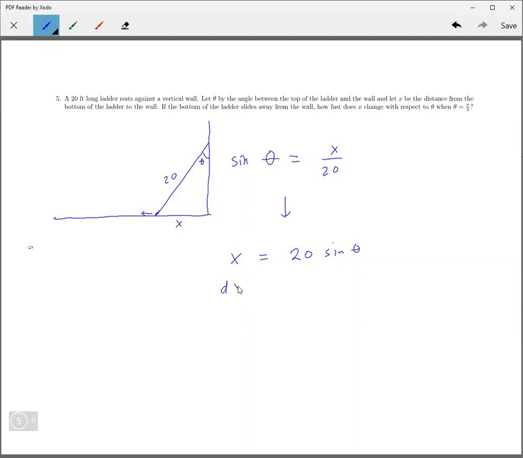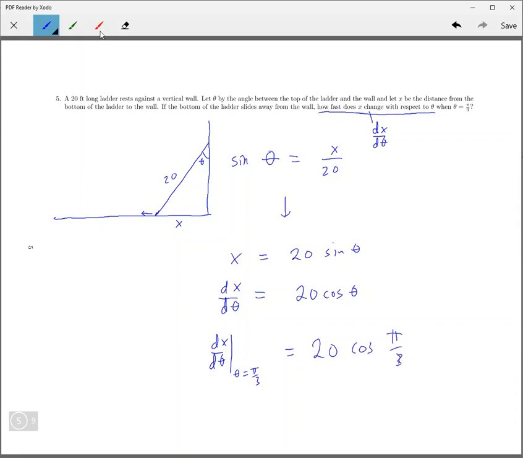Now dx d theta is 20 cosine theta. It's asking how fast does x change with respect to theta, that is dx d theta, when theta is pi over 3. So dx d theta, when theta is pi over 3, is equal to 20 cosine of pi over 3.